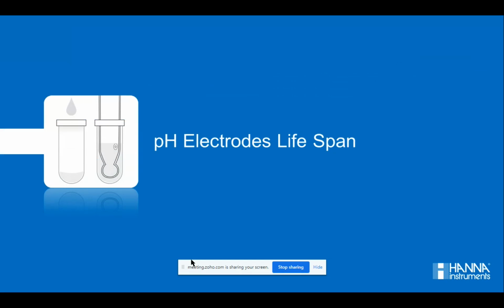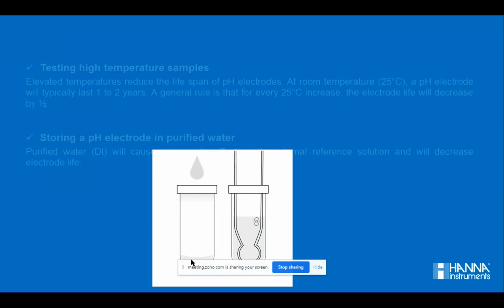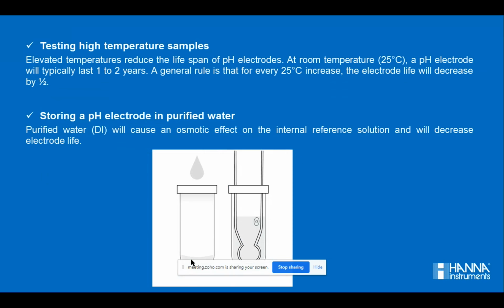Electrode lifespan is also a very important factor everyone should take into consideration. If you have continuous testing at elevated temperatures like 70, 80, 85 or 90 degrees, you might observe that the electrode lifespan is very short.